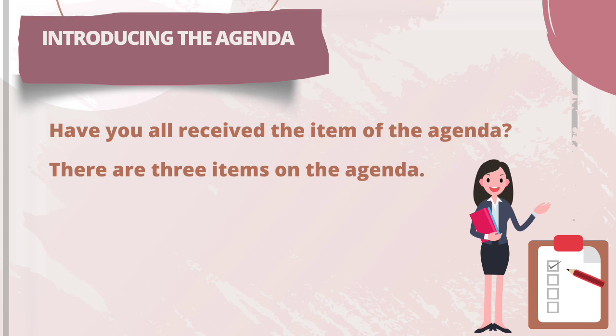For example, have you all received the items of the agenda? This expression is used when the agenda is distributed to all of the participants of the meeting. The second example is, there are 3 items on the agenda. The items can be in the form of points or more specific topics.